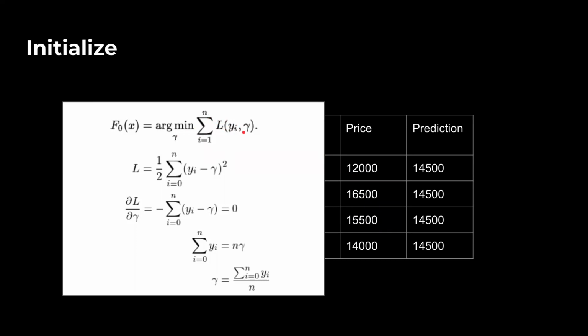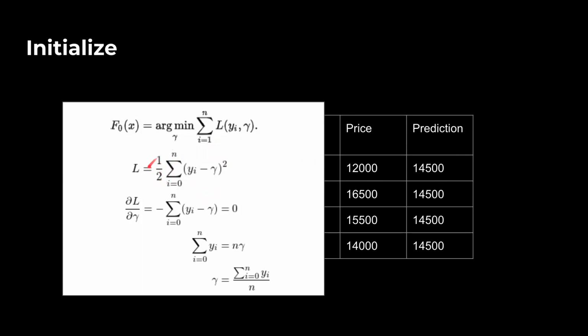The most common loss you can think of, at least for regression, is mean squared error, right? You want to minimize the squared distance between the price and our prediction. So we'll take something similar, and you'll see mean squared error is this part here, but we add a 1/2 here.